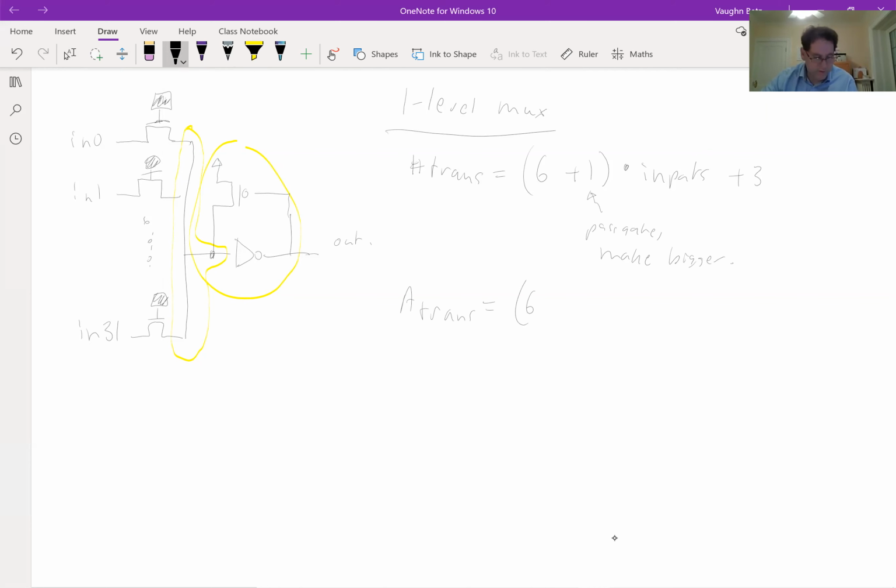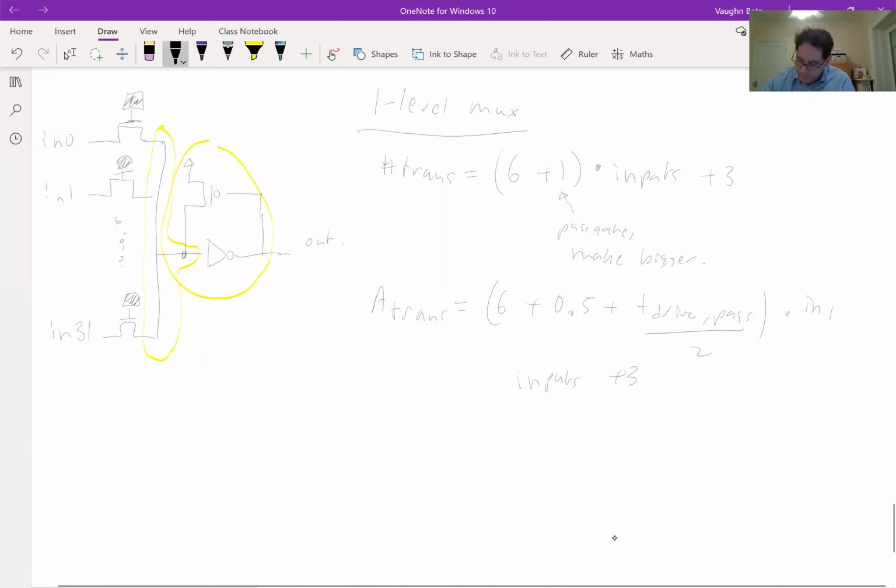So I just have 6 SRAM cell transistors that are all small, but then I add in the area of this pass gate, which is 0.5 plus my drive strength of the pass transistor divided by 2, because that's my formula for area. All of that is multiplied by the number of inputs, and then I add in 3. It's actually kind of messy.